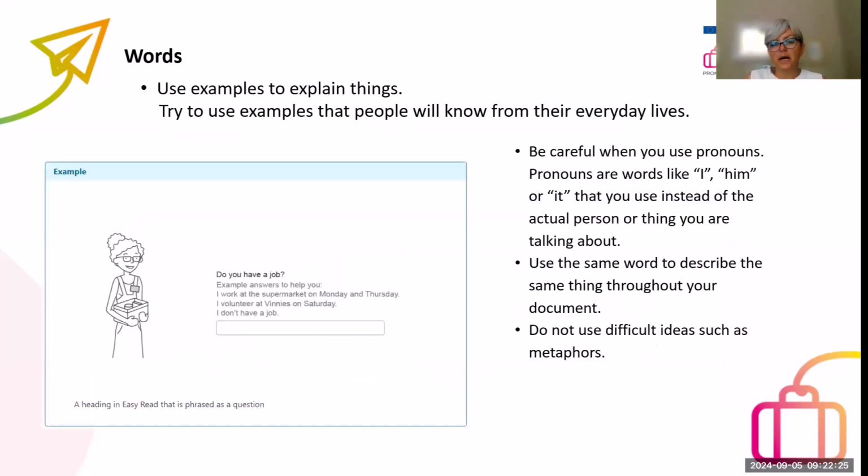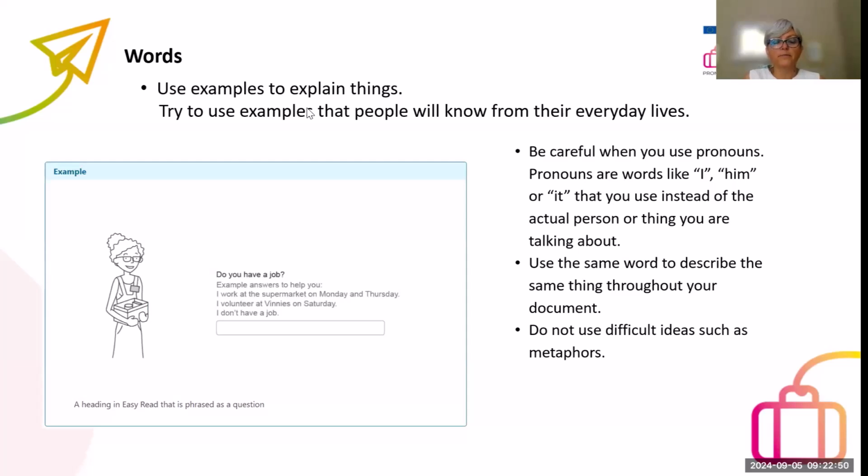While explaining difficult words, it is also pretty useful to use examples that come from the people's everyday life and that will make understanding for them easier. And on your right side, you have some more rules concerning using words and vocabulary while preparing a text.